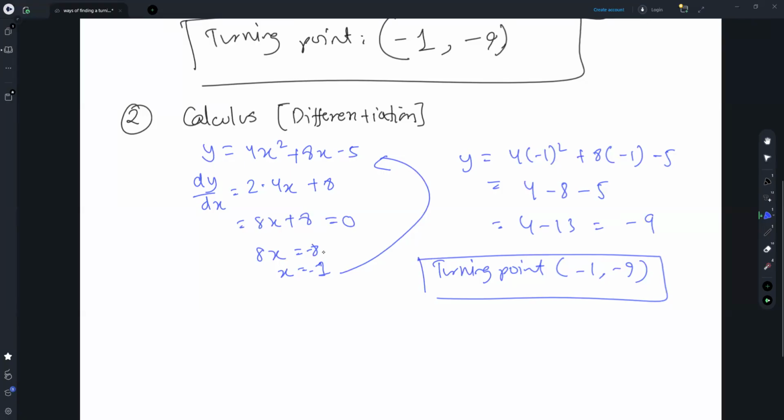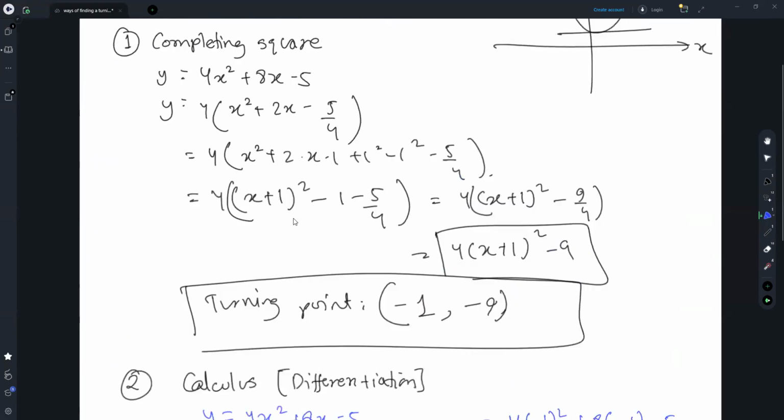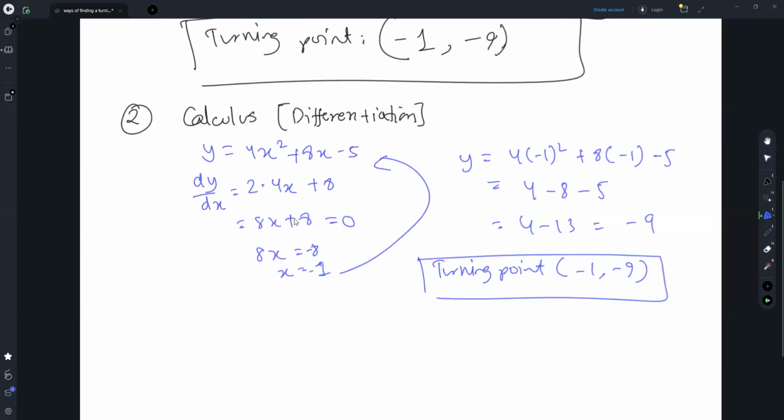Now, this is actually simpler than completing the square, but it's not as simple as the other method. Okay, let's not do a whole lot of cliffhanging here. We'll just move on.